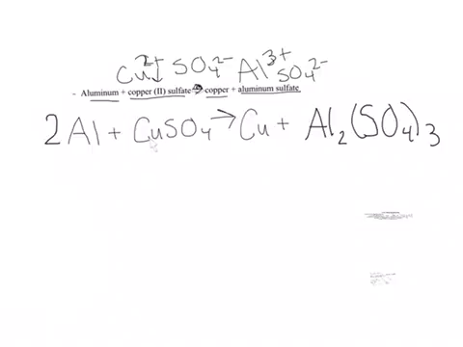Copper, there's 1 copper on the reactant side and 1 copper on the product side, so far that's balanced. Then we have 1 sulfate on the reactant side, but over here we've got 3 because of the subscript right here. So you must write a 3 in front of that compound of copper sulfate to balance that out.